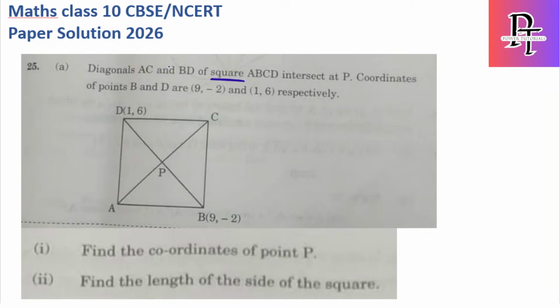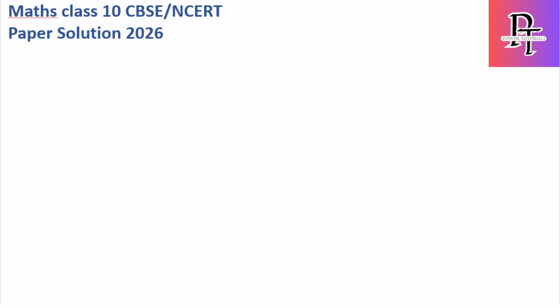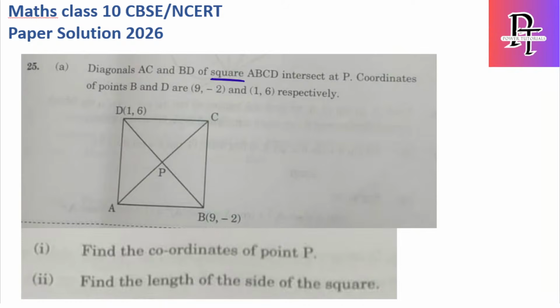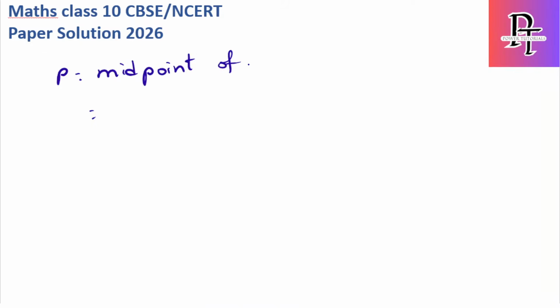Okay. B and D have been provided. What are they asking? Coordinate of P. So coordinate of P is very easy. P is equal to the midpoint of the diagonal. So what is the midpoint formula? Midpoint of BD is x1 plus x2 by 2 comma y1 plus y2 by 2.